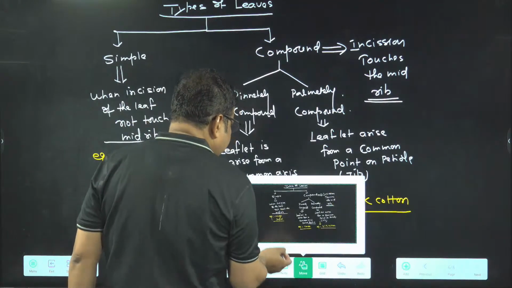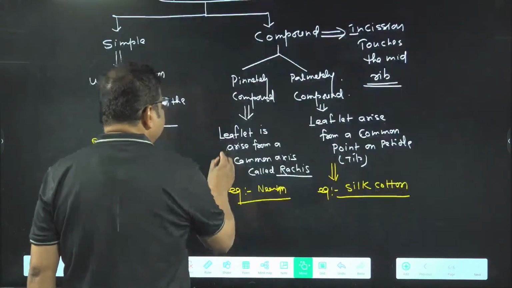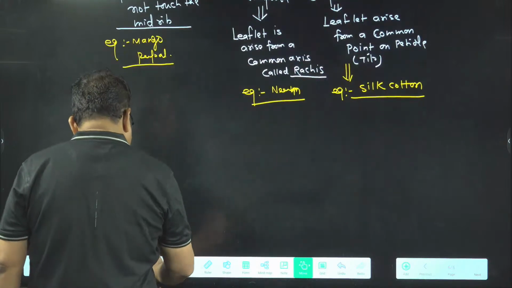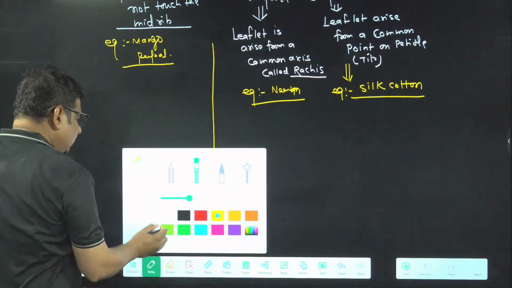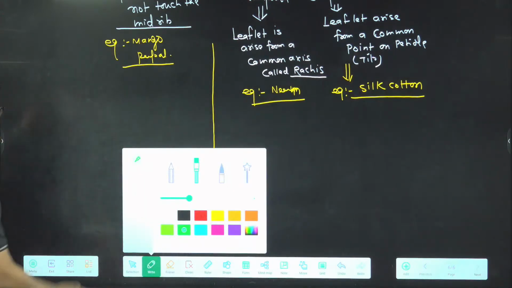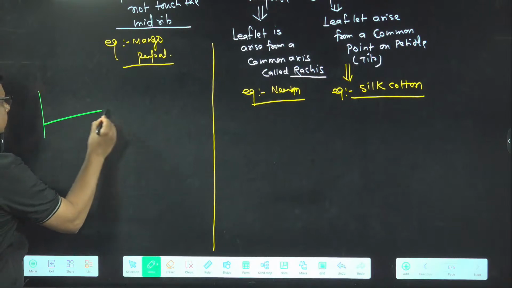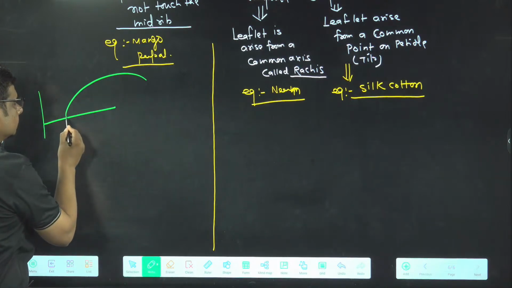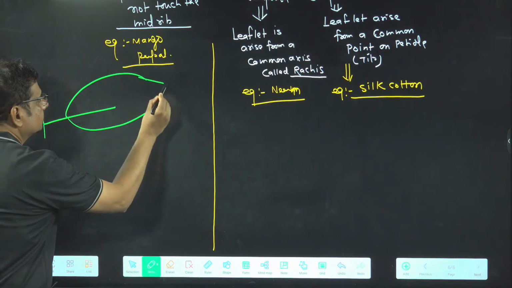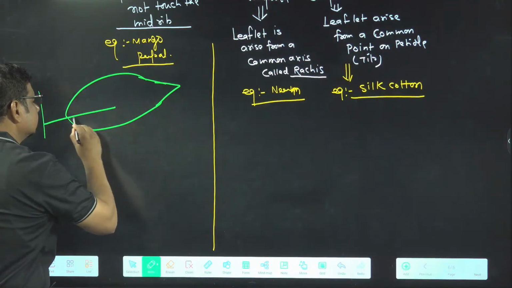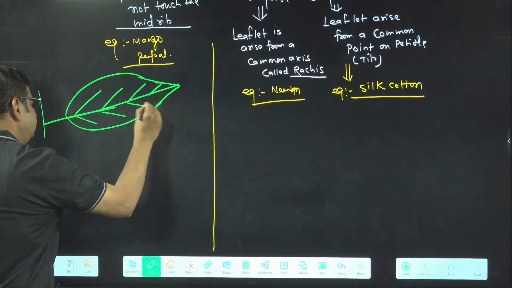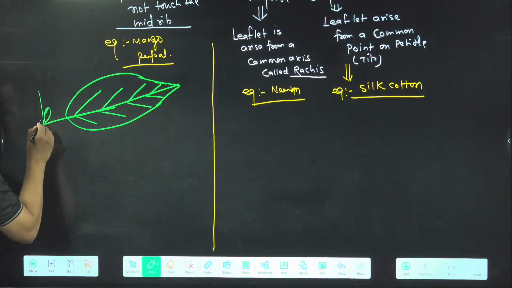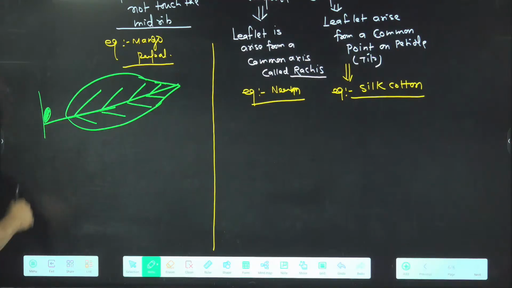And I'm just putting a diagram, I'm just dragging it up. I'm drawing a simple leaf here. So here I will draw two pictures of simple leaf. Have a look here. Which kind of leaf is this?